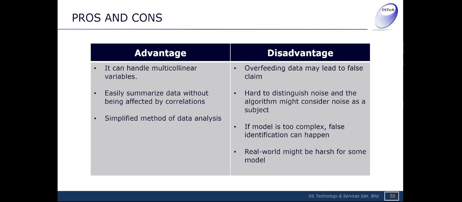And sometimes your data might have some noise, but your algorithm would consider noise as part of the subject, as part of the things that you're looking at, and sometimes false identification can happen as well if your model is too complicated. Meaning, let's say you're using your model based on an image which you took outside, which has a lot of noise, a lot of other properties. Like let's say you take a picture of plants, of trees, with a lot of trees behind them.